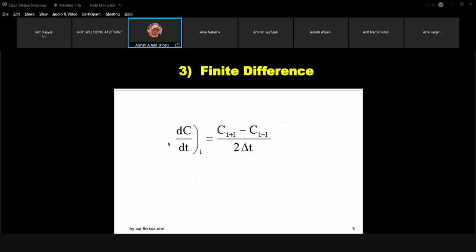Point one has its own equation, then at the end point, the last point that you get from the set of data, and between the first and the last one, the equation is different. I think this is the center one. You have to calculate by using this one. Then you can get the dCA over dt.